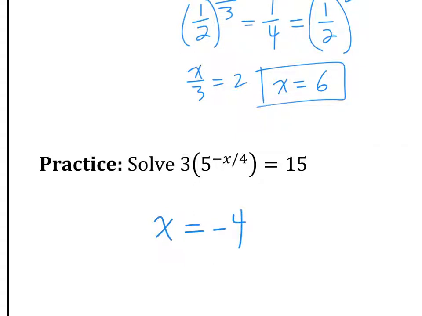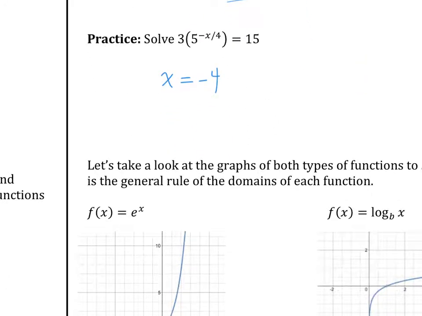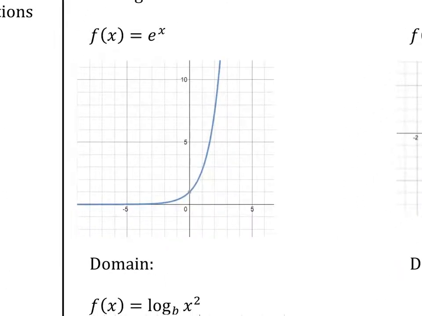Okay, before we go on to the next stuff, let's make sure we remember how our graphs should look. This is e to the x, or generally any exponential function. What is the domain? All real numbers.